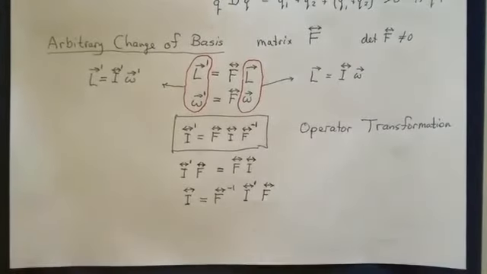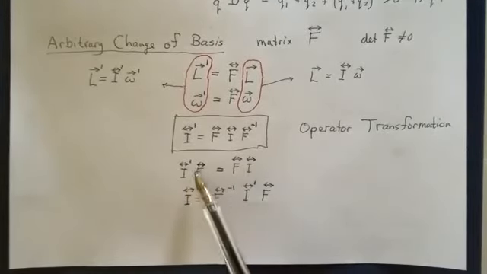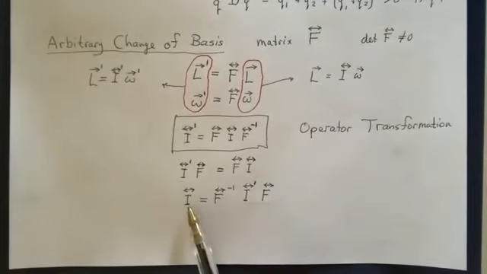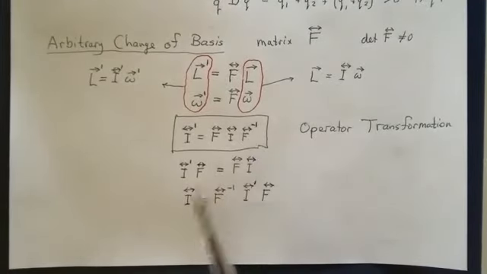You see what happened: we took this equation, multiplied from the left by the inverse of the F matrix, and got I equals F inverse I prime F. Then I swapped the left and right-hand sides so we have this form now. In other words, we took this equation and solved for I. You can solve just by multiplying with appropriate matrices.